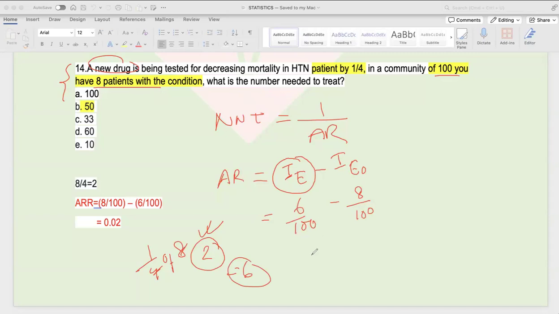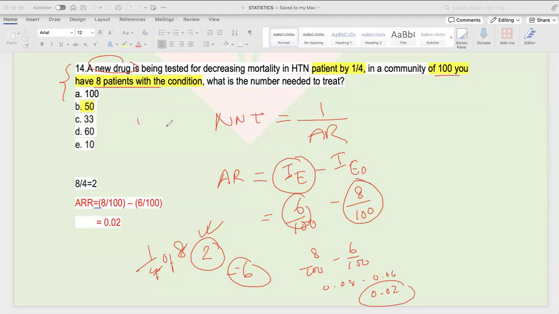So now we just need to find out what 8 by 100 and 6 by 100 mean. If you do the math, you will find 0.08. Because this is a bigger number than this, you will just make it 8 by 100 minus 6 by 100. So 0.08 minus 0.06, so 0.02.